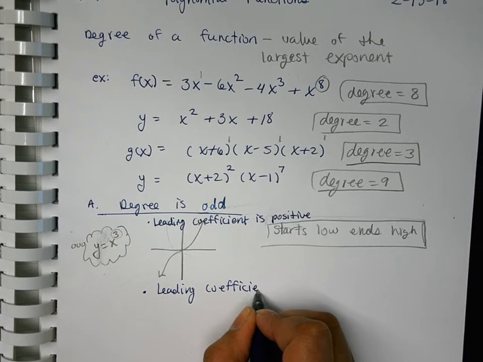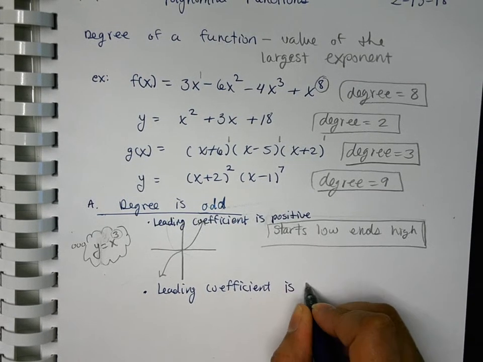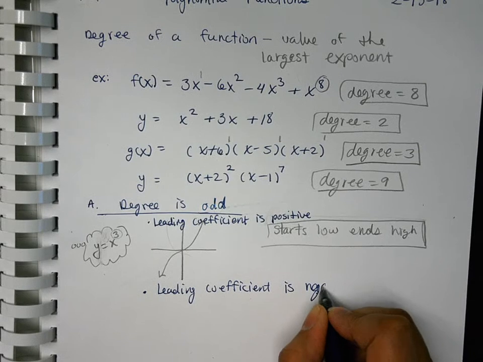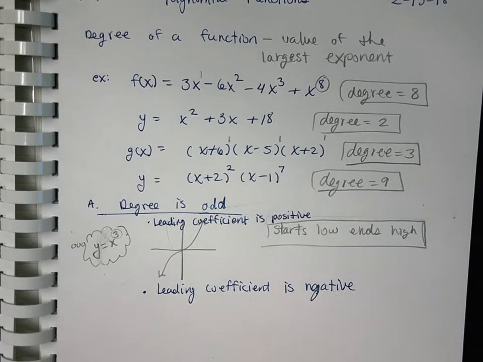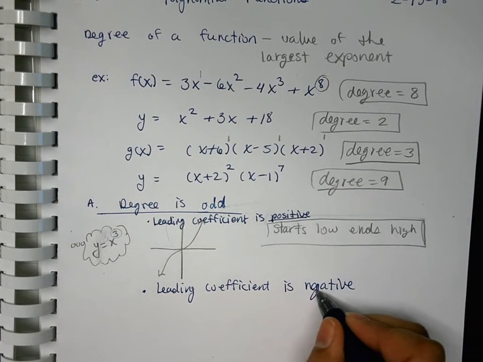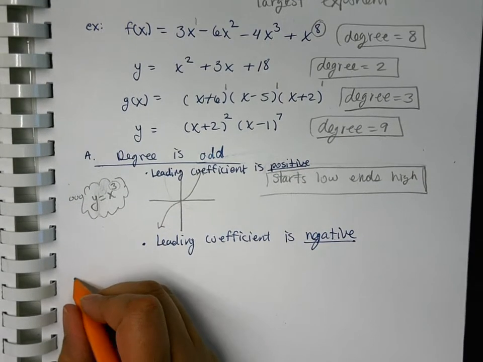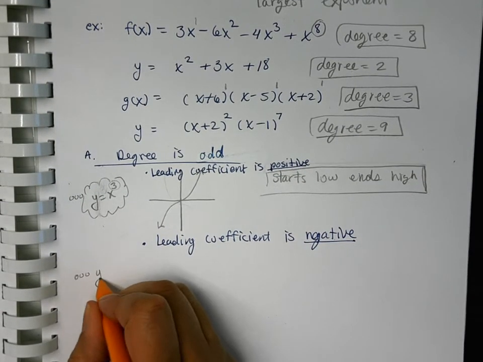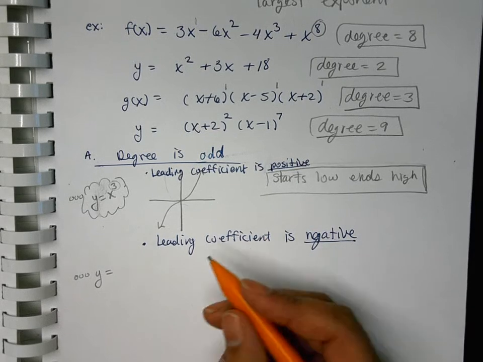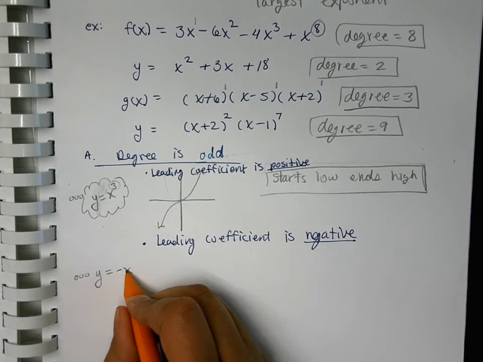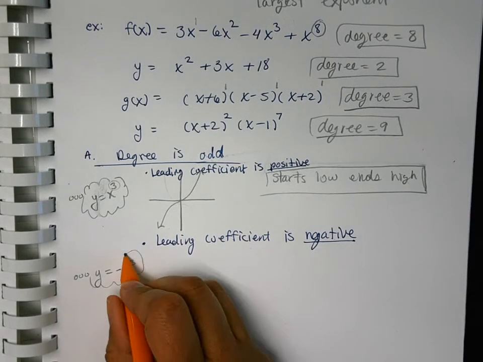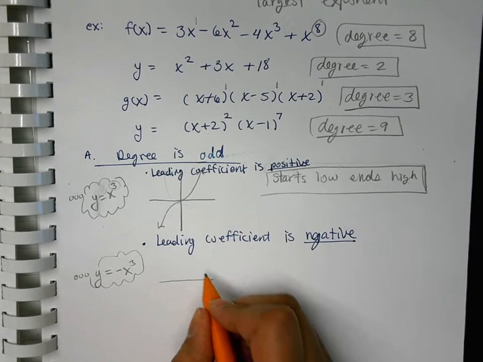That's not a thing. The leading coefficient is negative. If it's negative, think of y equals x cubed or negative x cubed. And what does the negative coefficient do to your x cubed graph?